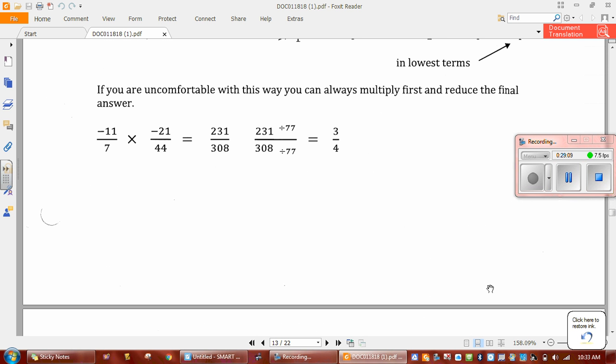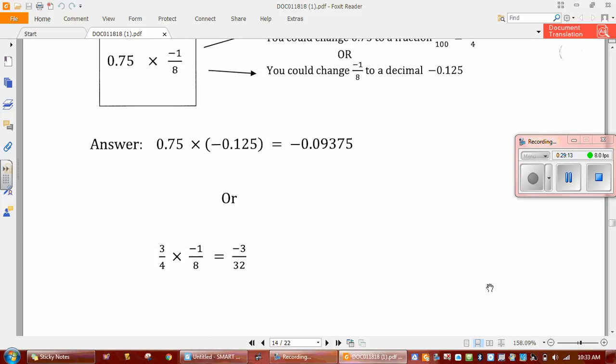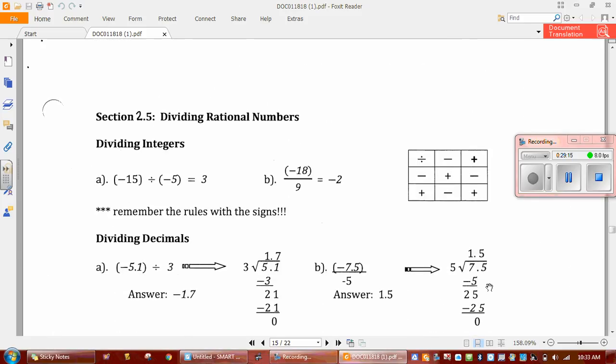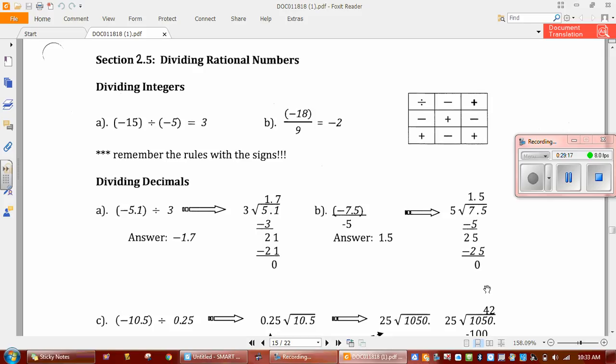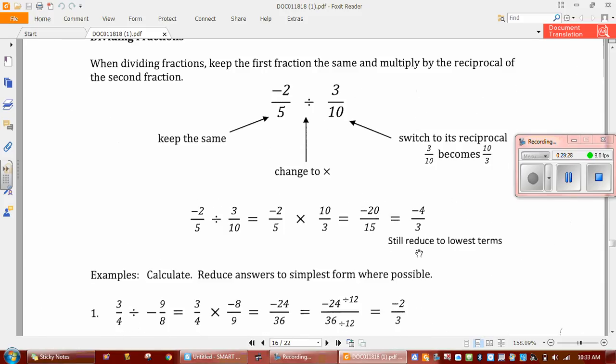Dividing. There is something special about dividing when it comes to fractions. So we're going to skip down to the dividing fraction rules. So what's different when we divide fractions? Do we actually divide fractions? We never divide fractions. We flip and times. Yeah, we flip, and how do we know which one to flip?